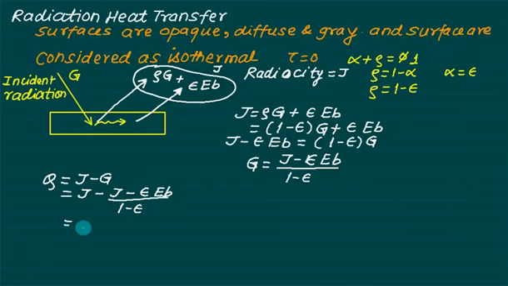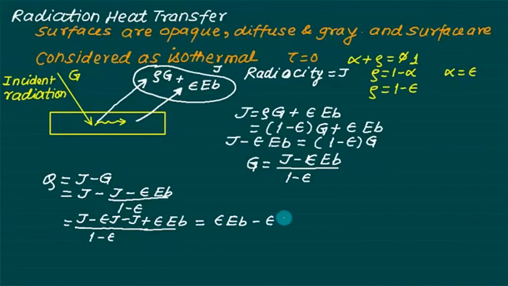If we cross multiply and solve this for 1 minus epsilon, this quantity gets multiplied as J minus epsilon multiplied by J, minus J plus epsilon multiplied by EB. Here J and minus J are cancelled. What is left is epsilon multiplied by EB minus epsilon multiplied by J, over 1 minus epsilon.